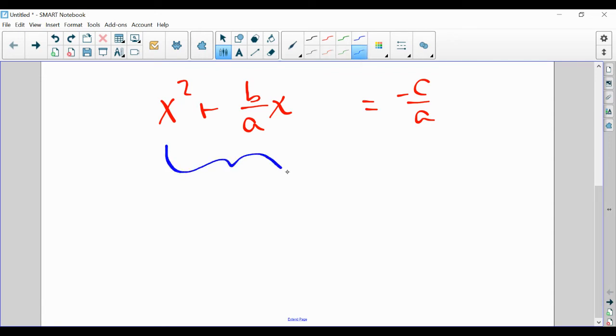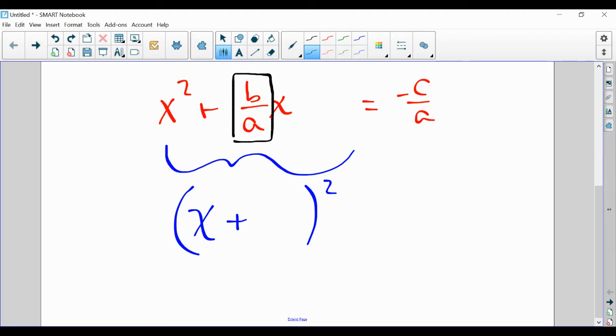All right. Now, the way we're doing it, as I said, is we're completing the square. So this whole side has to turn into x plus something squared. And what is that something? Well, remember, we take this linear coefficient and we divide it in half, which means we're going to double the denominator and get b over 2a.